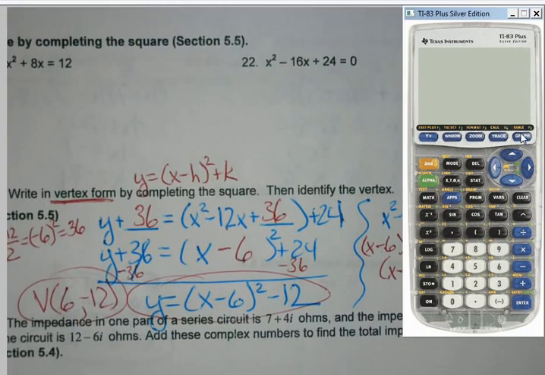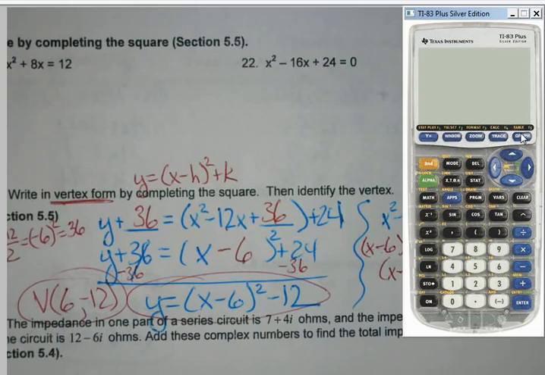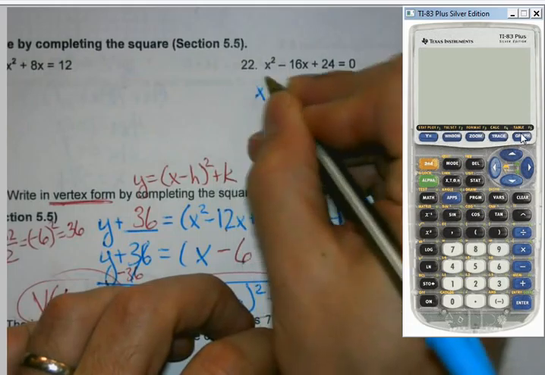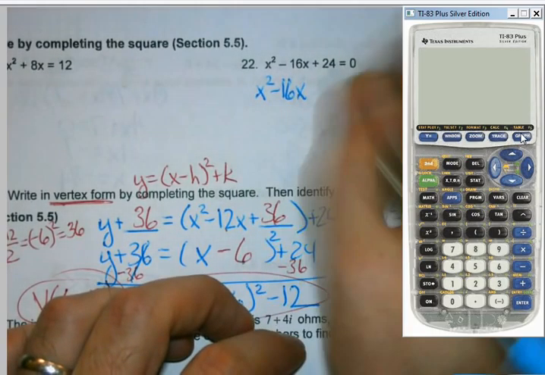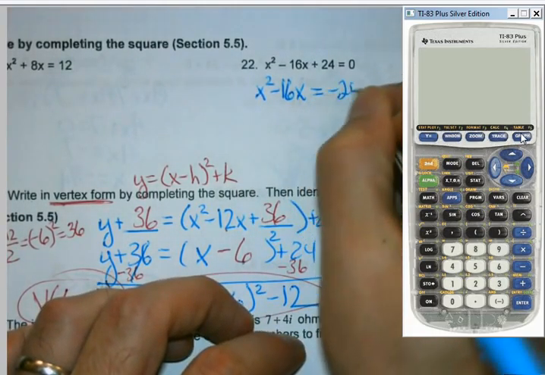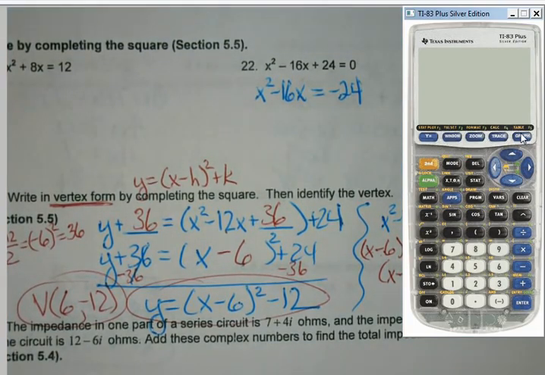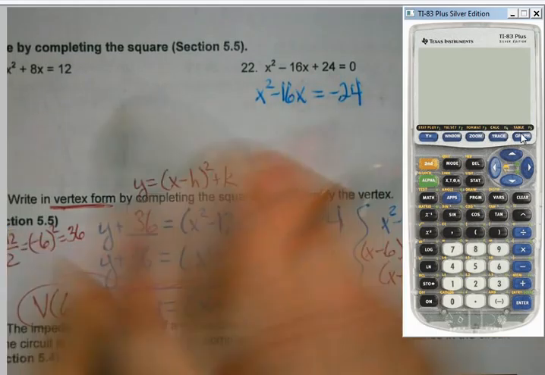All right. So 22. We're going to run the same idea with one exception. When we're trying to just plain old complete the square, we need our x squared terms by themselves. So we're going to get that plus 24 out of there first. Once I do that, now we go into the mode that we were in before.